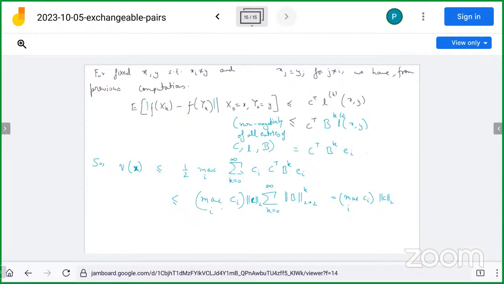I'm guessing I'm going to somehow miss a factor of n somewhere. That's what I'm worried about.